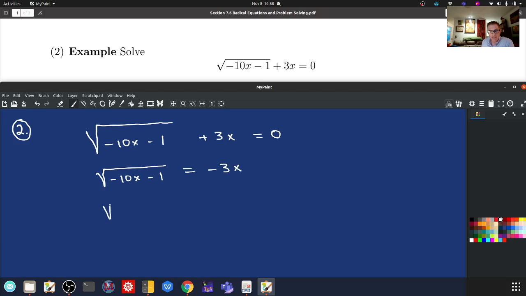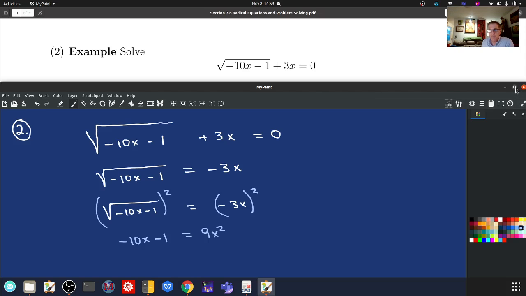And then the next thing I need to do is get rid of the radical by raising both sides to the index of the radical, which is 2. So that results in minus 10x minus 1 is equal to 9x squared.